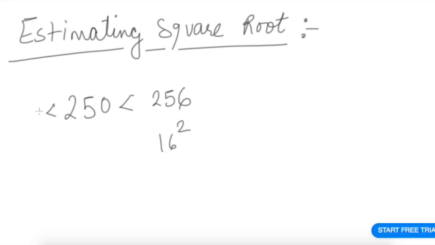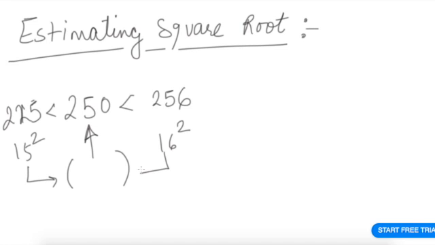A number just less than 250 would be 225, which is 15 squared. So the square root of 250 should be between 15 and 16. We currently don't know exactly what it is, we can find it out, but it's just an estimation which shows where it lies.